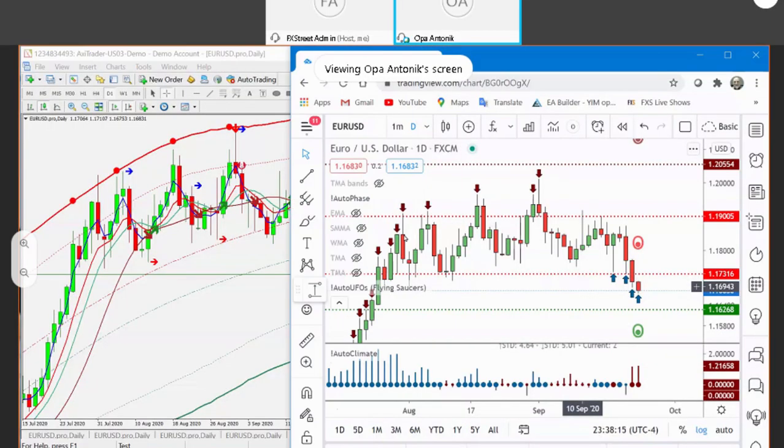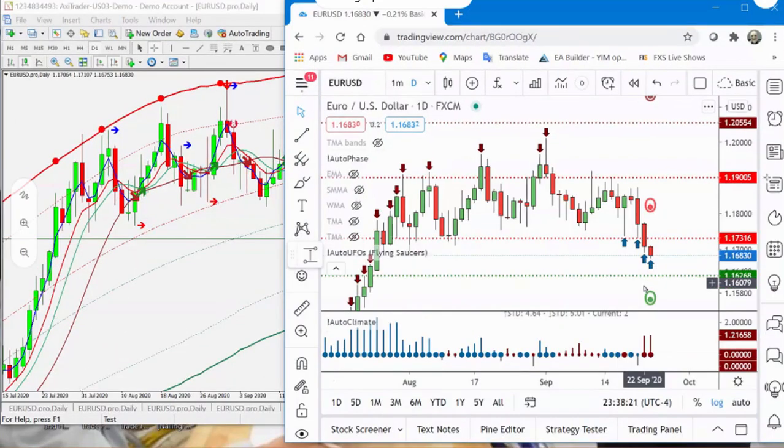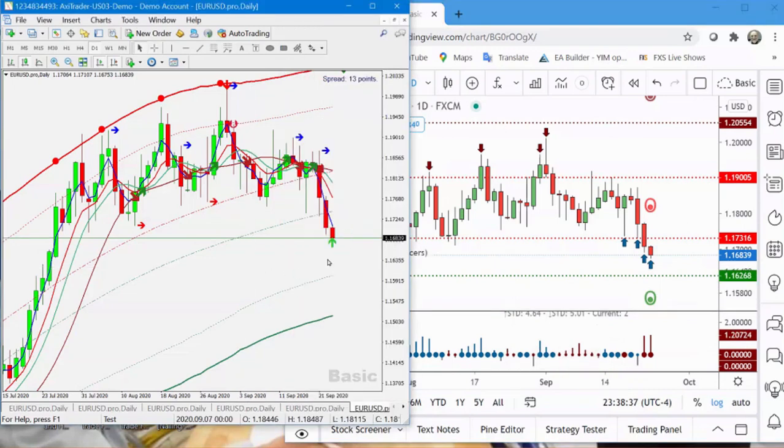The auto phase, that's the auto phase right here, these little blue arrows, I would see the auto phase giving me an up, okay, just as it is here, down into this, and my auto climate would change, okay? And so there's a possibility for getting into a long trade down in this area, and that would be several days from now, in a couple of days, that we would be looking at that, okay?